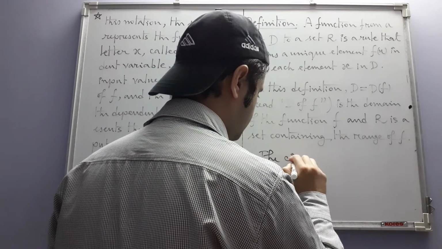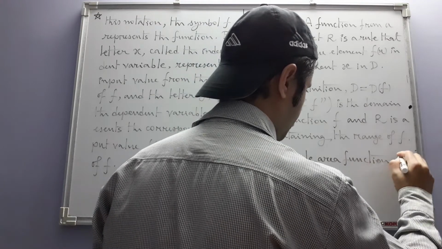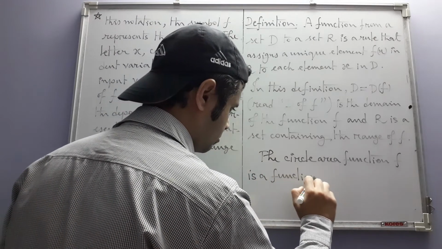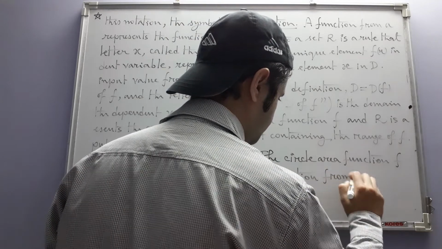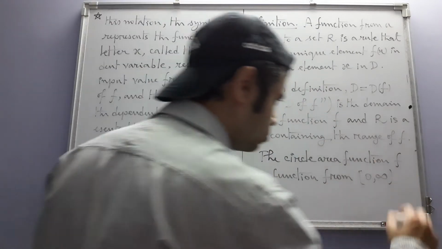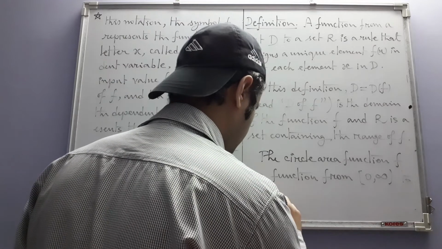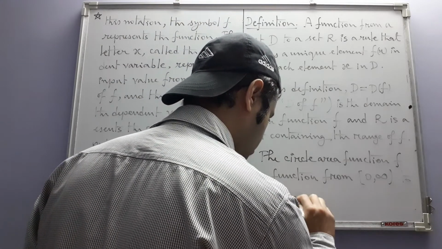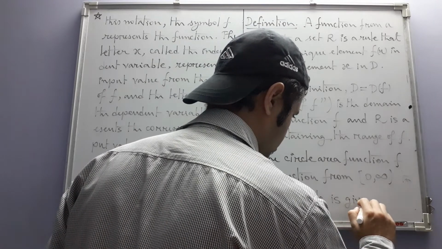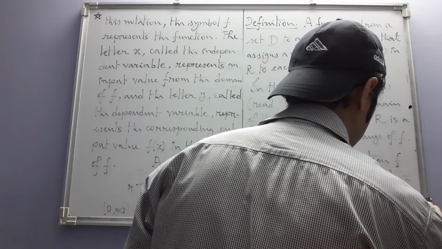The circle area function f is a function from this to, say, R, the set of real numbers, whose rule is given by A is equal to pi r square.